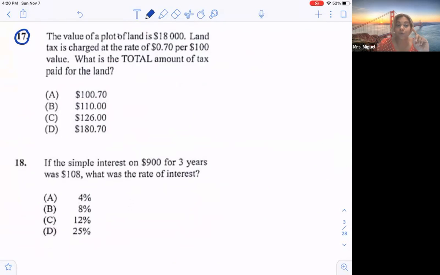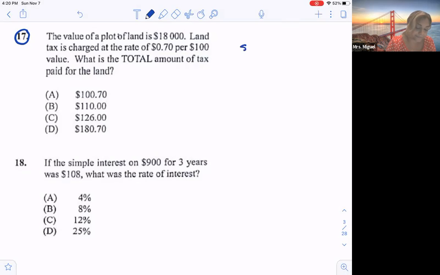The value of a plot of land is $18,000. Land tax is charged 70 cents per $100 value. So it is based on the $100 worth of land. So every $100 worth of land, you are paying 70 cents.